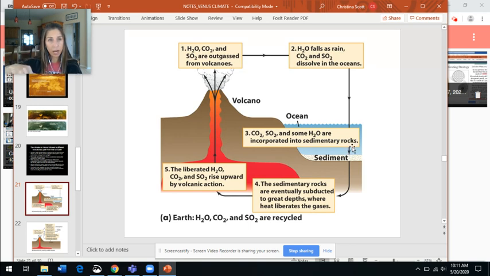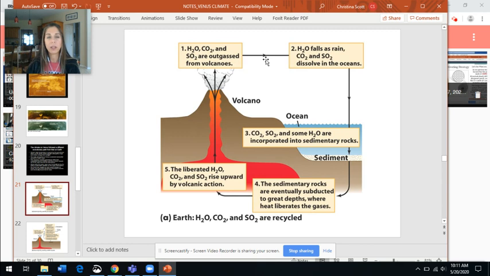And if it gets pushed down deep enough through the motion of plate tectonics, it gets subducted and goes down to great depths. The deeper you go into the crust, the hotter it gets, melting the rock and becoming magma, which then will rise back up through a magma chamber and through the neck of a volcano, releasing it back into the atmosphere.